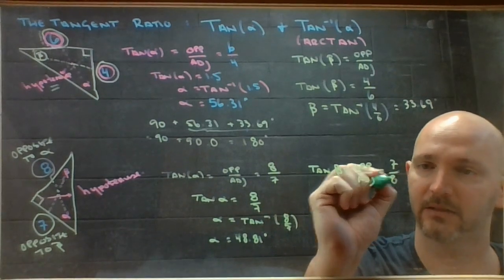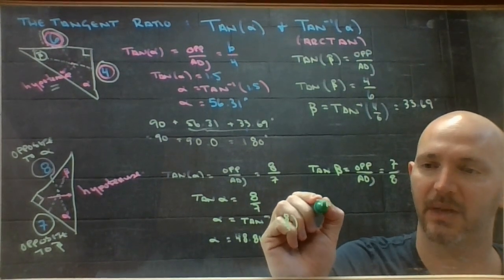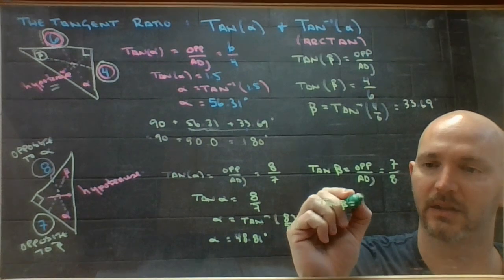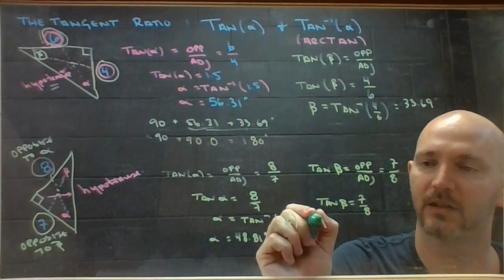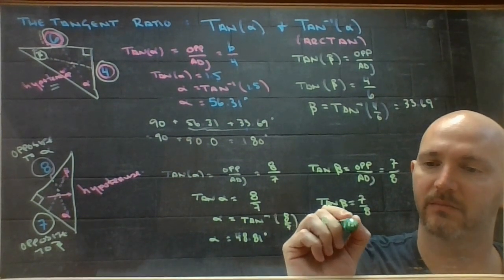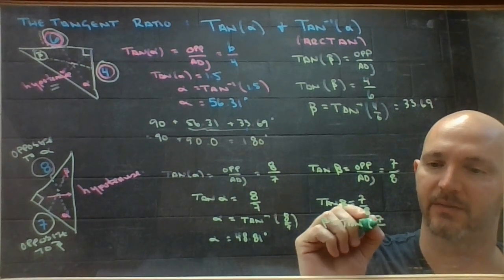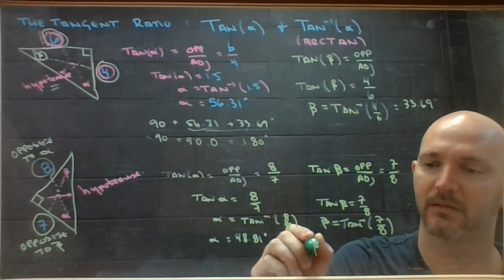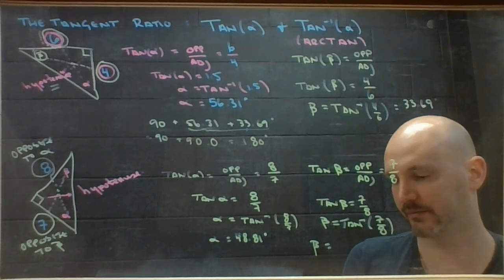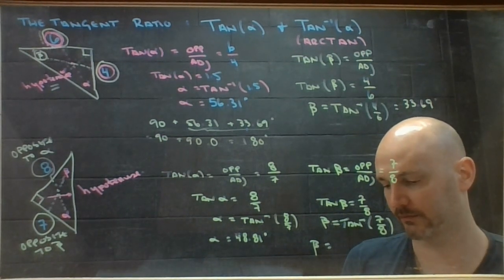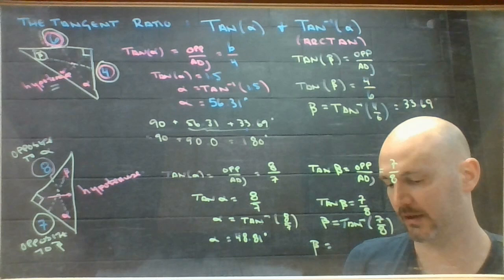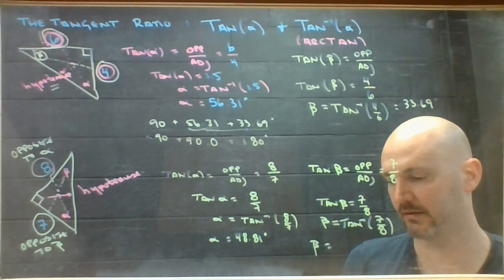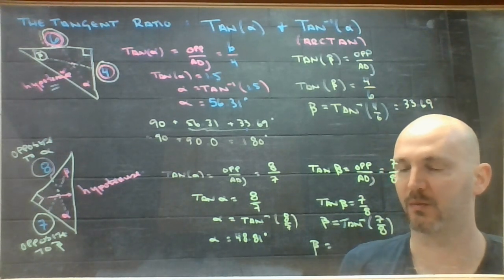There's an 8 there. So tan beta is 7/8. Beta will be the arctan of 7 divided by 8. Put that in a calculator. Arctan of 7 divided by 8 would be 41.19.